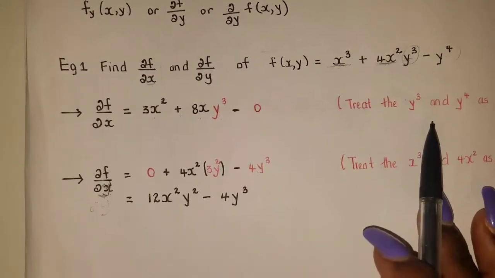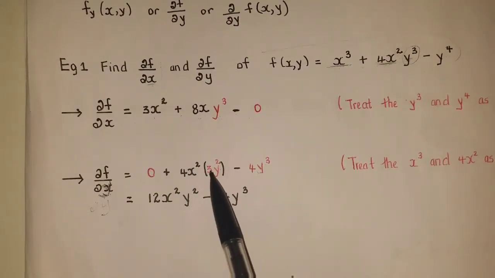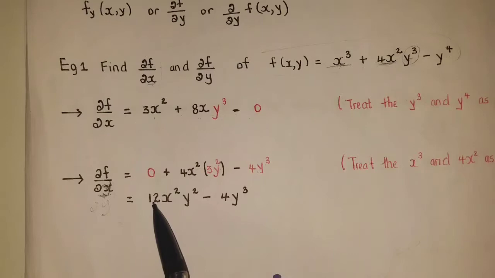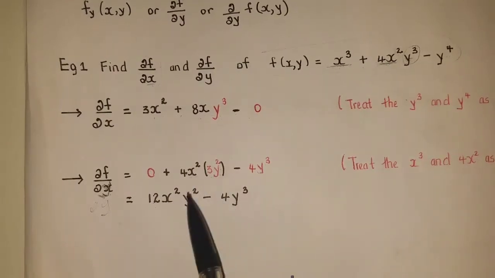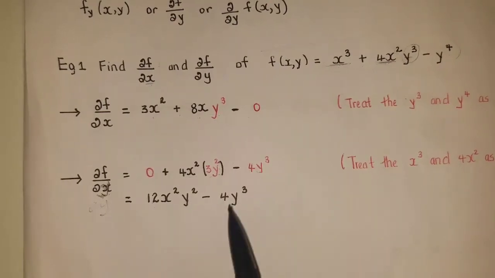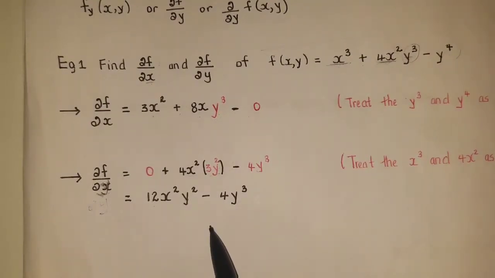And all we do from here is simplify. So the 3 times the 4 gives us 12, leaving us with 12x squared y squared, and we write back our negative 4y cubed.